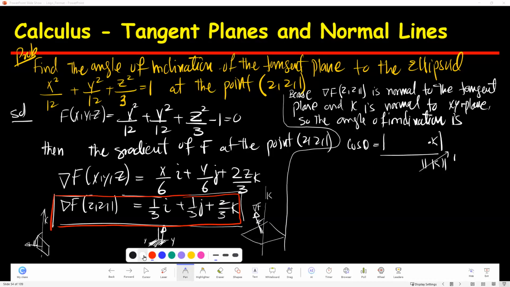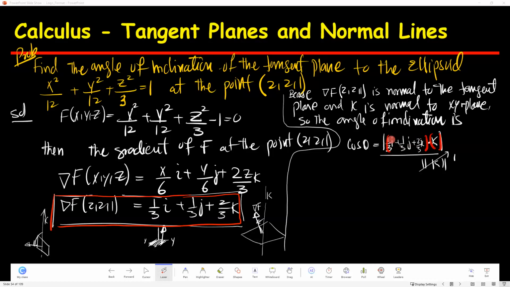Now I'm going to write this vector: 1 over 3 i plus 1 over 3 j plus 2 over 3 k. I wrote it for a minute just to think about it. If you take the dot product of these two vectors, what is going to happen?